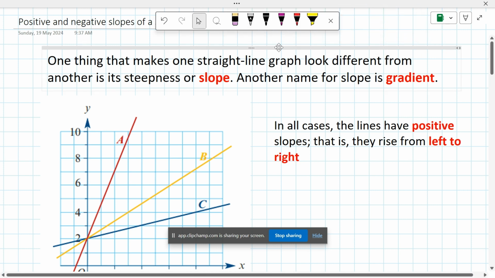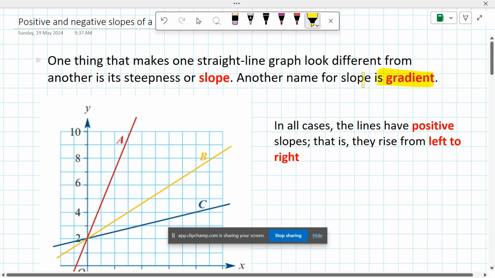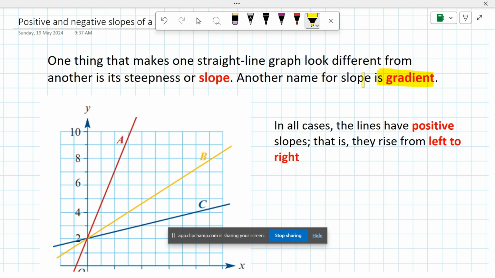The first thing first, I'm going to introduce you to a new word called gradient. Actually, it's slope as well, so we will normally call it gradient quite often from now on. The slope looks different for different straight lines. You're not always going to get exactly the same straight line, but you can say the slopes are different.